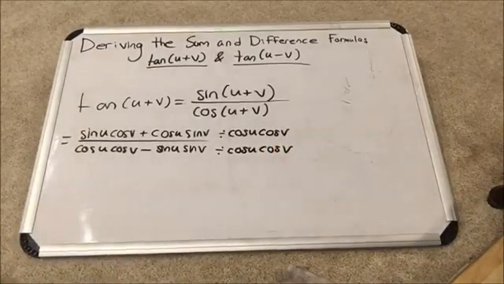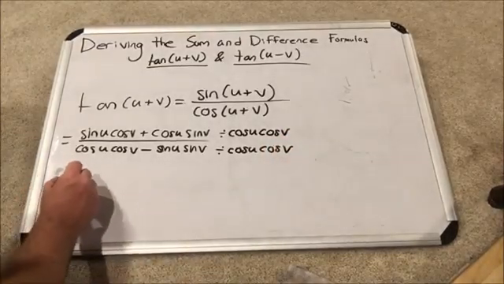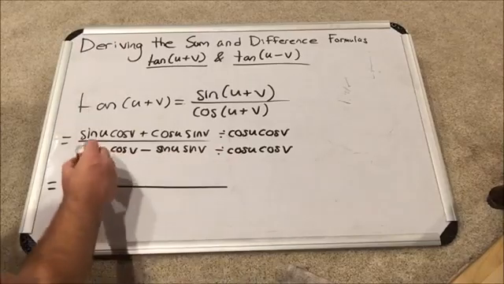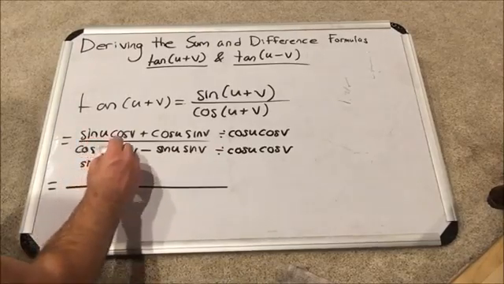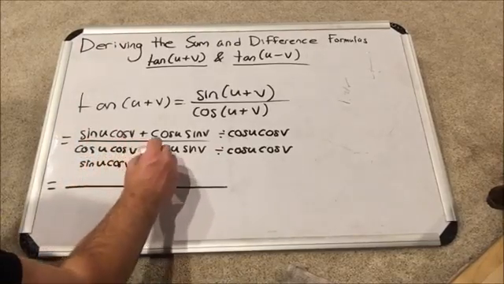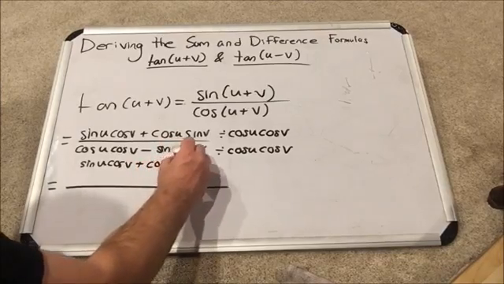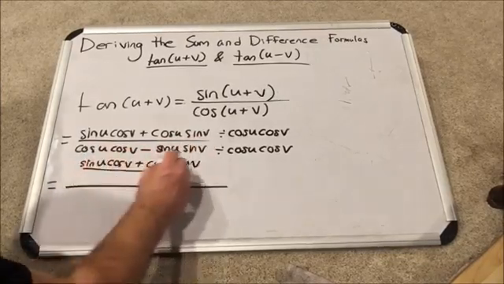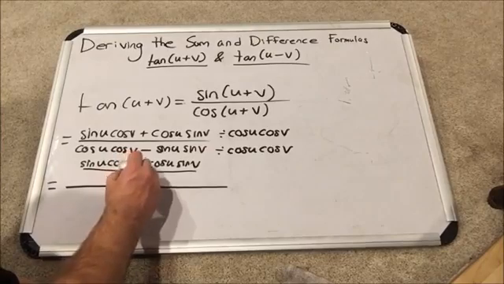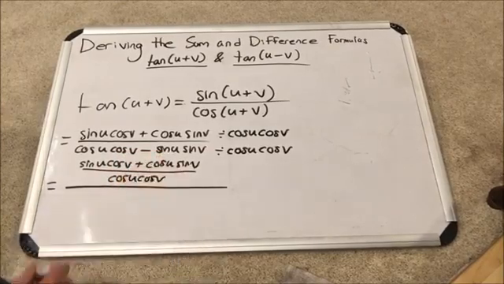So what does that look like? Well, it looks ugly, but we're going to write it anyway. Sine u cosine v plus cosine u sine v all over cosine u cosine v.